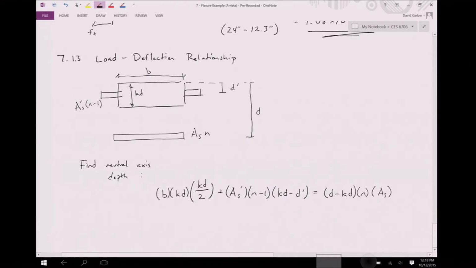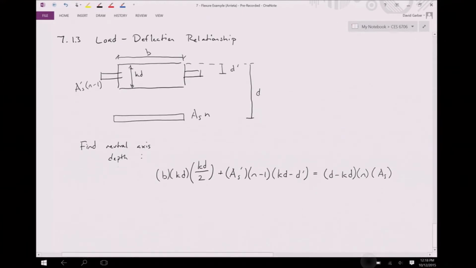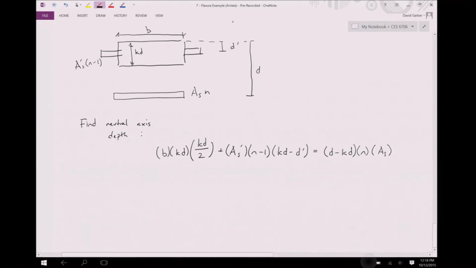So simplifying this, we can get to the point of having a quadratic.